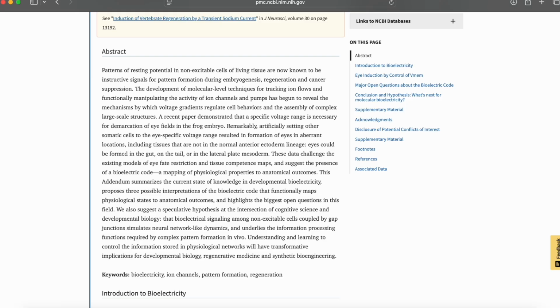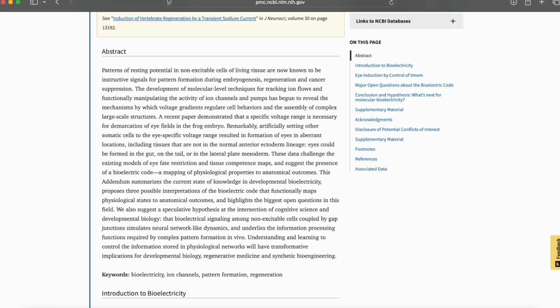Eyes could be formed in the gut, on the tail, or in the lateral plate mesoderm. These data challenge the existing models of eye fate restriction and tissue competence maps, and suggest the presence of a bioelectric code, a mapping of physiological properties to anatomical outcomes.